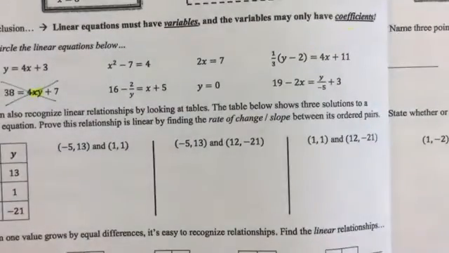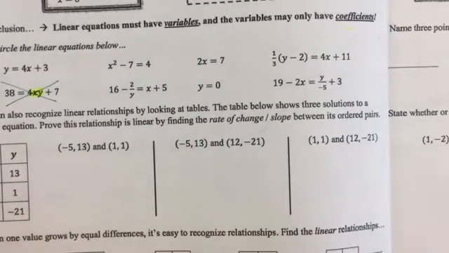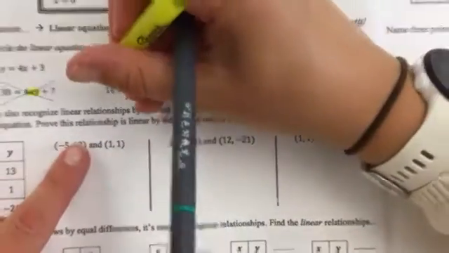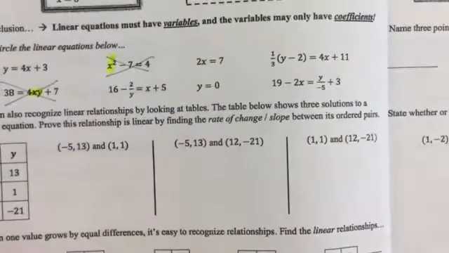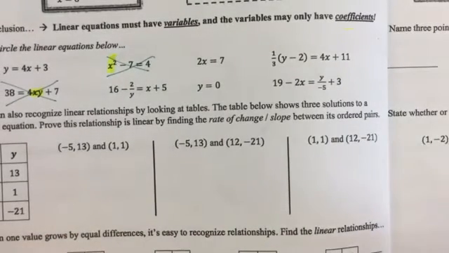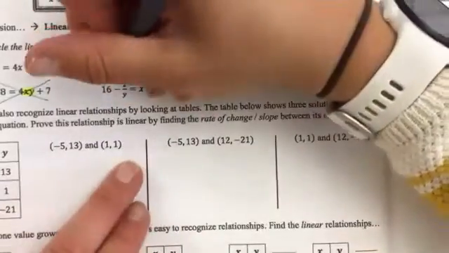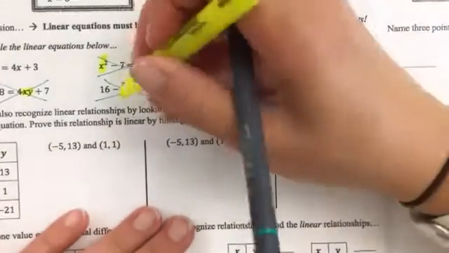Okay, Jenna, go ahead. Yep, this one. The reason is because of the squared, right? Okay. Are there any other ones that you can see? Mason? Yeah, this one. Why? Yes, because the y is in the denominator.